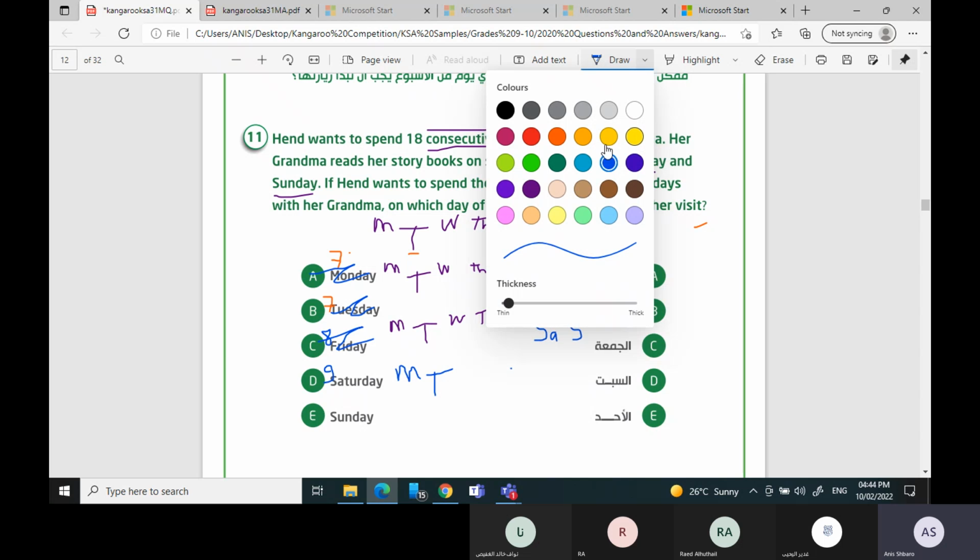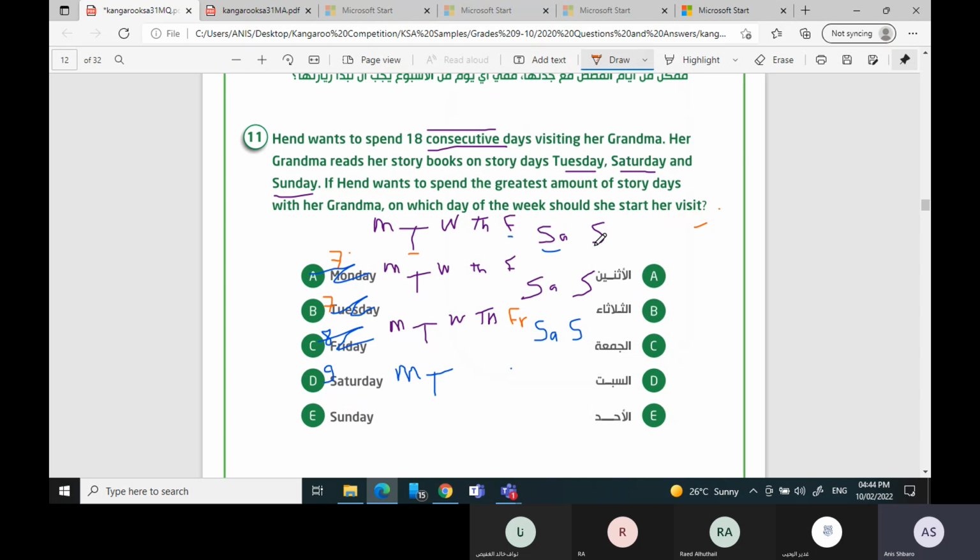Now, as you can see, if she started on Sunday, she will lose a day here and she will gain Wednesday here, but her grandma doesn't tell a story on Wednesday. So of course I'm going to lose a day. So Saturday is better, but I'm going to try it in case I'm wrong.